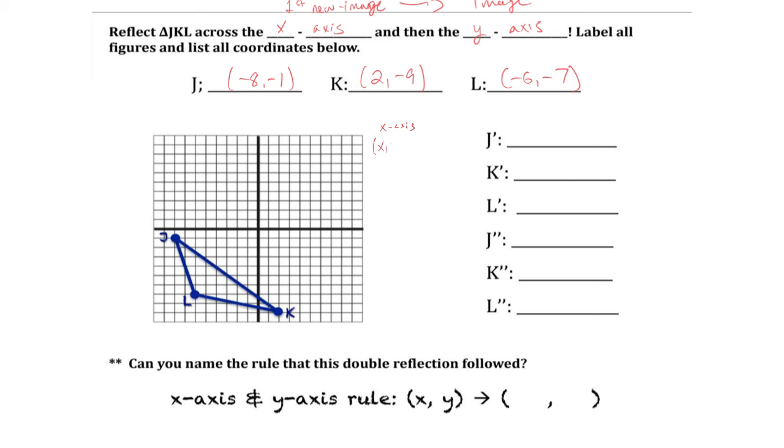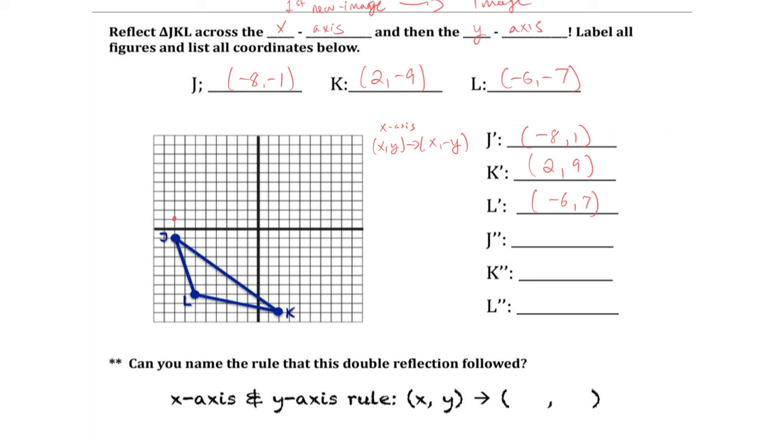Across the x-axis, our (x, y) changes to (x, -y). We take the opposite of y. So our (-8, -1) changes to (-8, 1), (2, -9) changes to (2, 9), and our (-6, -7) changes to (-6, 7). Why don't we plot that?